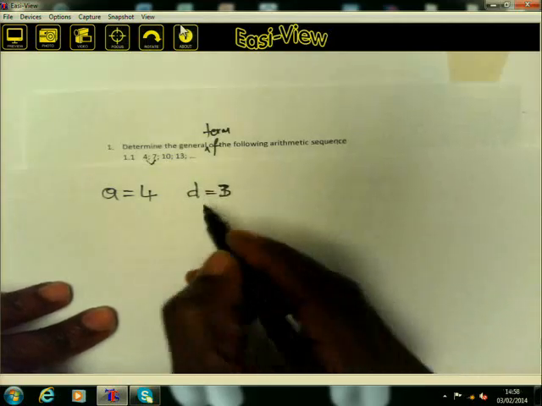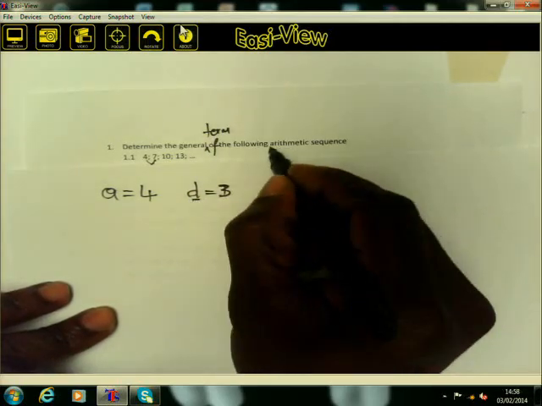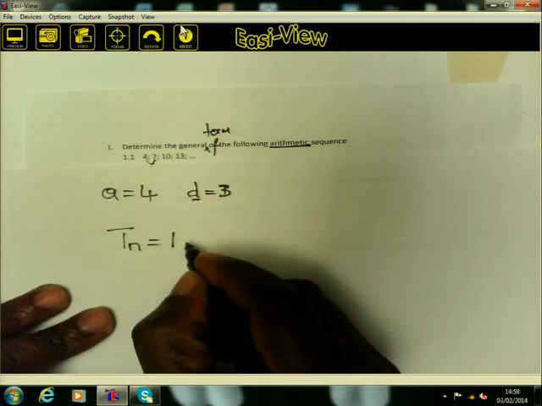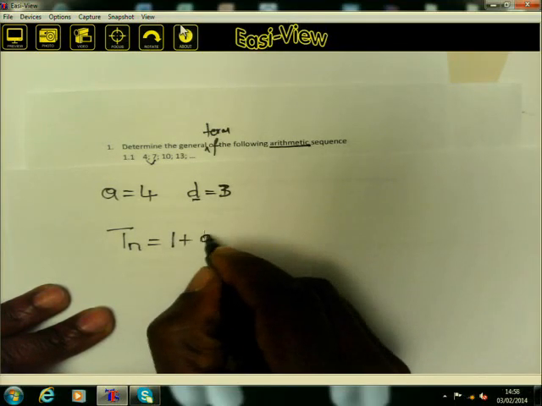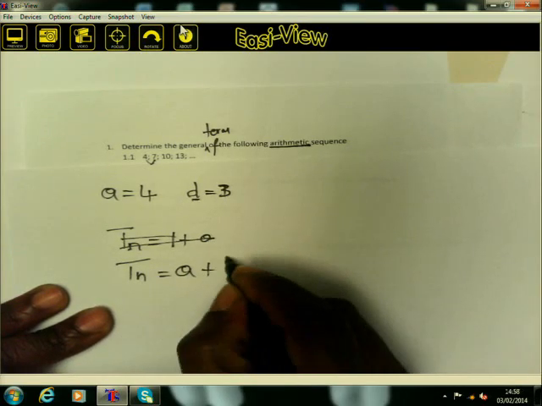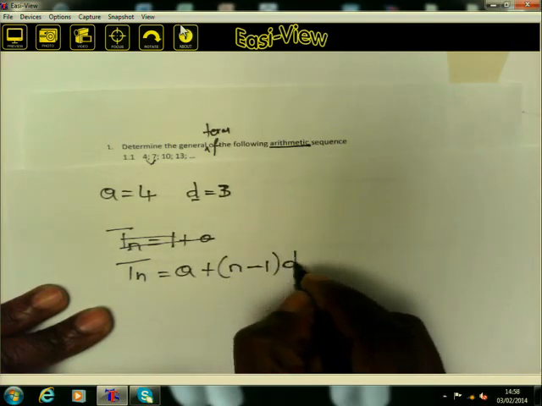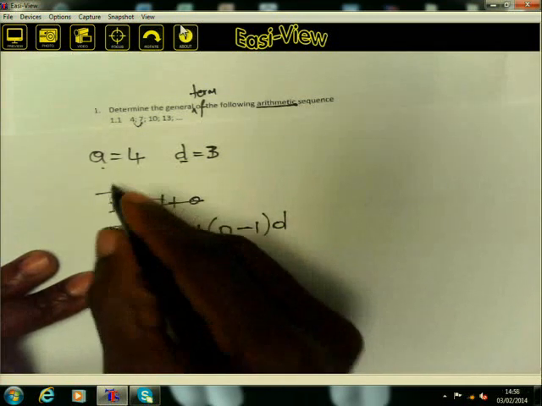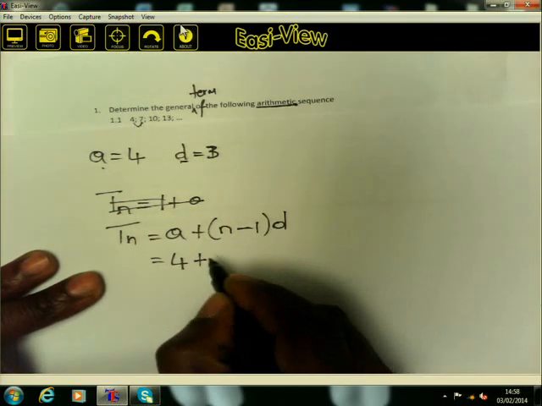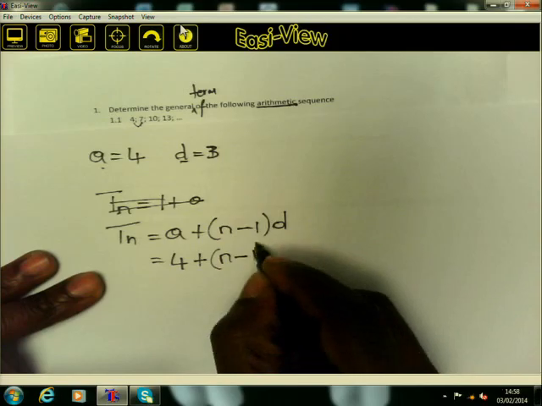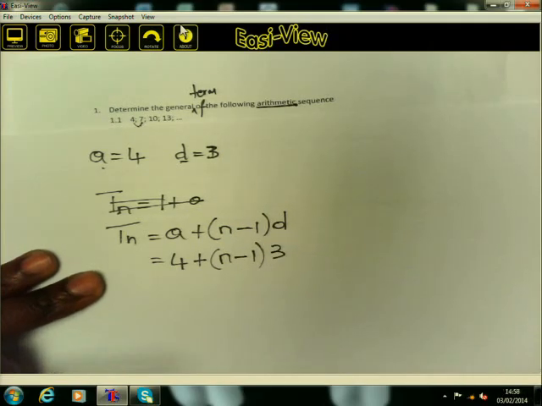We are looking for the general term, and because we are told that it is arithmetic, it means we use Tn is equal to A plus n minus 1 multiplied by the difference. That is the formula. So we substitute. A is 4, and then n minus 1, and the difference is 3.